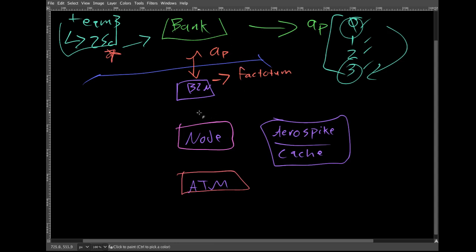The bank to node box can then be accessed by the node box, and these communicate over a little bit of JSON. So that's really the HTTP protocol. The Aerospike cache relationship to node is a little bit different, but not too much to worry about. It is not really over JSON quite as much as it is simply used as a cache of the bank state. The node box can talk to it, and nothing else really talks to it. The ATM talks to the node box, and the node box to the ATM.